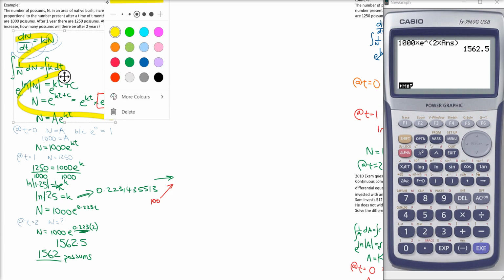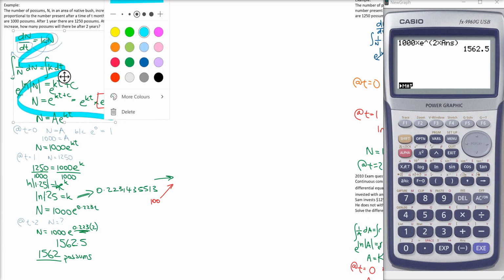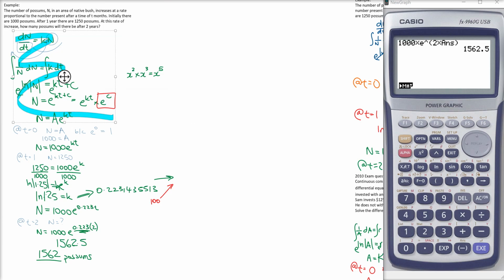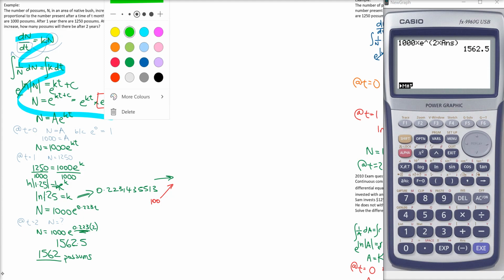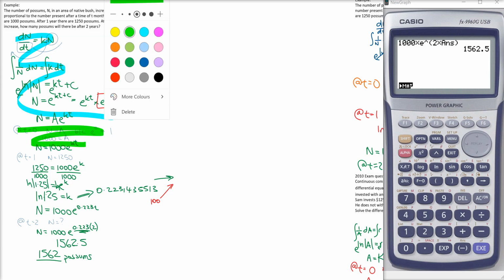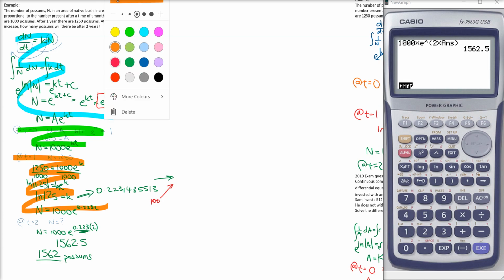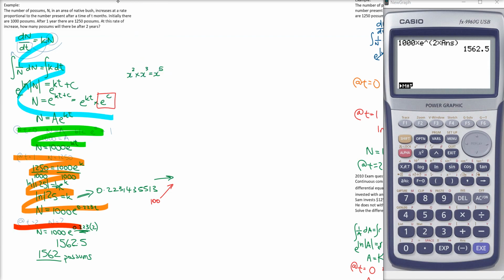Then we substitute in and solve for one of our unknowns. Then we substitute in a second point, and get our final function. Then we answer the actual question. So make sure that there are 4 parts to that question.